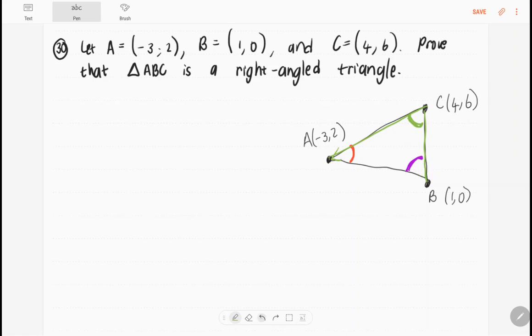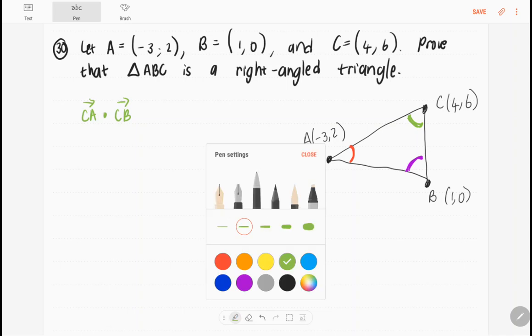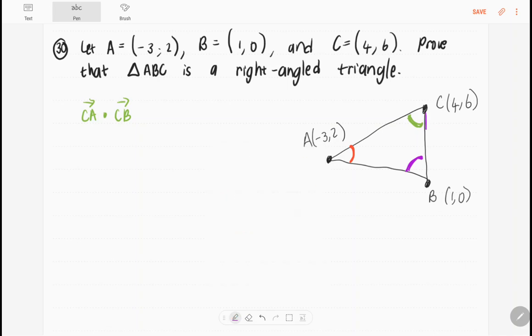So in other words, that's going to be CA dot CB. To see whether the purple angle is a right angle, you're going to take this vector's dot product with this vector's dot product.